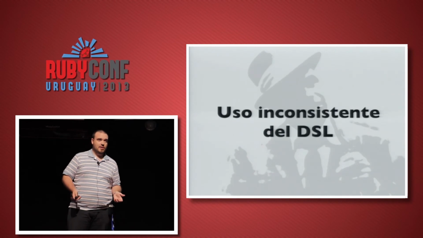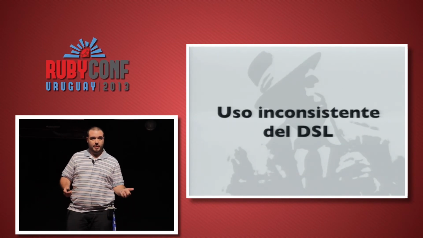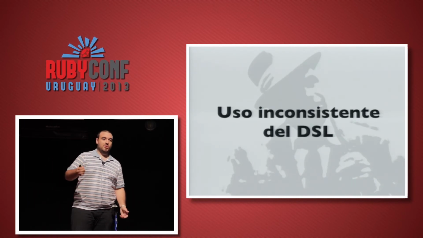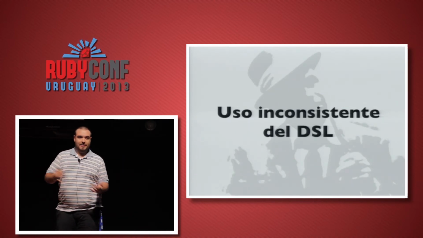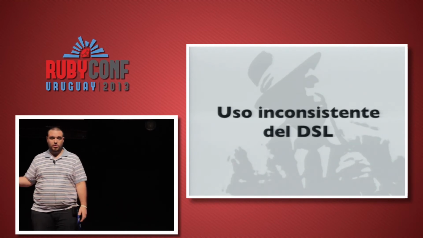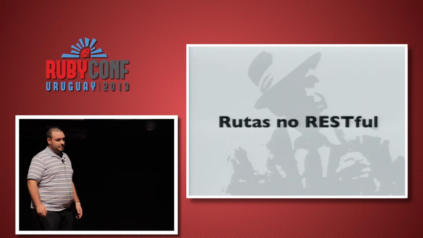The problem is that as we don't have a clear structure in those classes, we may have just anything. For instance, use Sinatra namespace and not use Sinatra namespace, so we may have files that behave differently and do similar things.